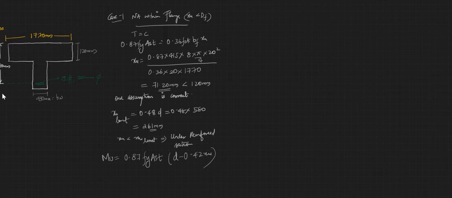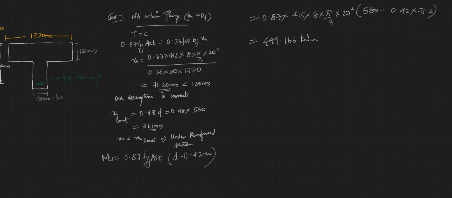That is 0.87 into Fy, which is 415, AST is 8 into pi by 4 into 20 square, into D, here 580, minus 0.42 into XU, which is 261. I'll get Mu as 499.166 kilonewton meter. So the moment of resistance of this section is 499.166 kilonewton meter.